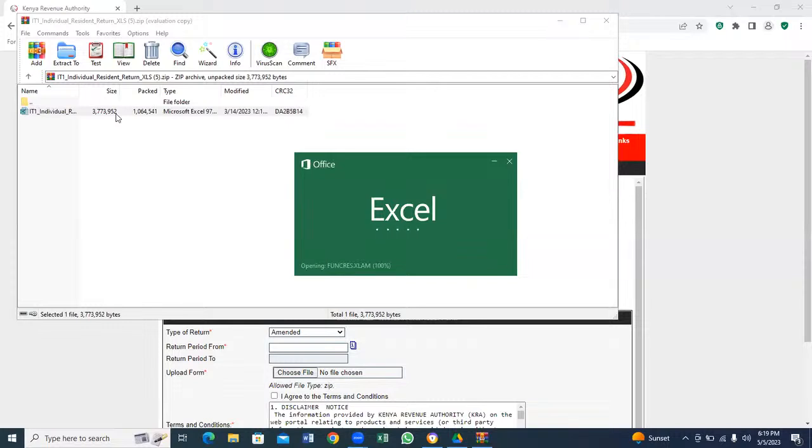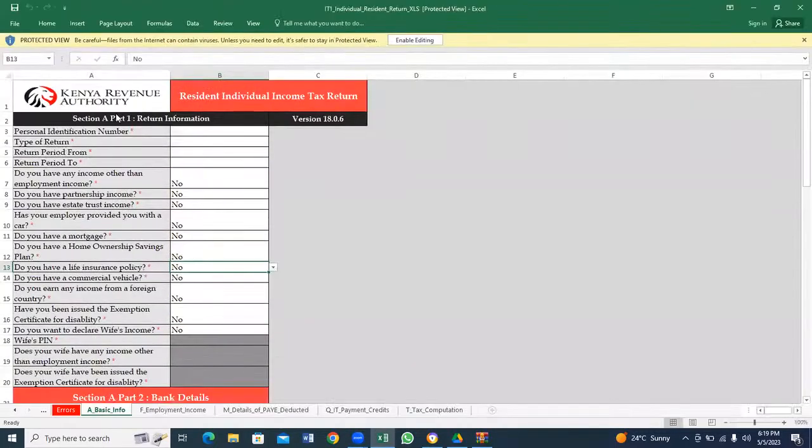Wherever you are, if you can't access your iTax, you can use the version that I sent in the group. You can even click the link directly.